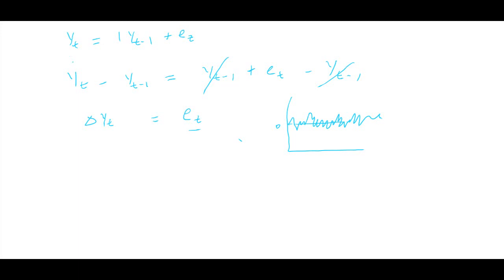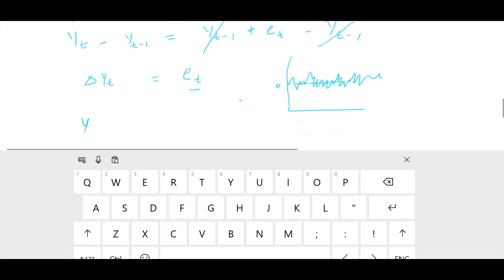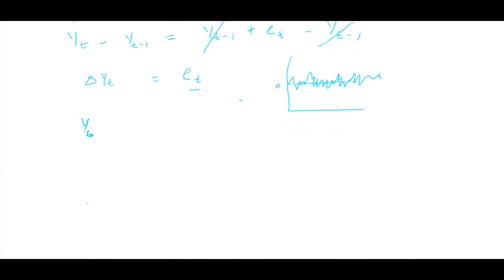So let me write that for you. We have series yt, and we say that it is integrated of order 1 if it becomes stationary on the first difference. If it becomes stationary on the second difference, we may say that it is integrated of order 2. So integration basically means how many differences we are going to take for the data to become stationary.